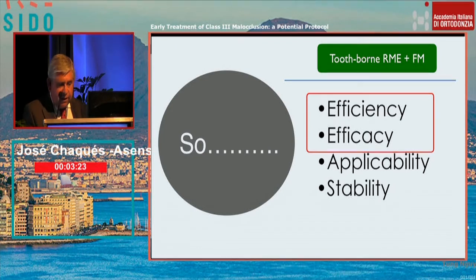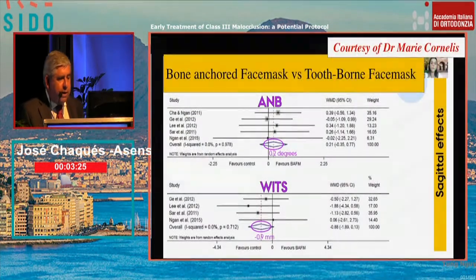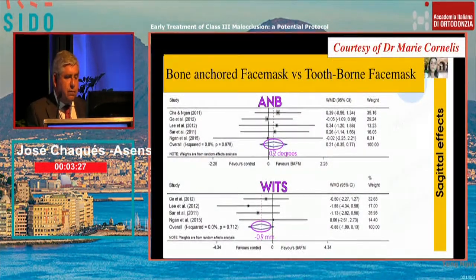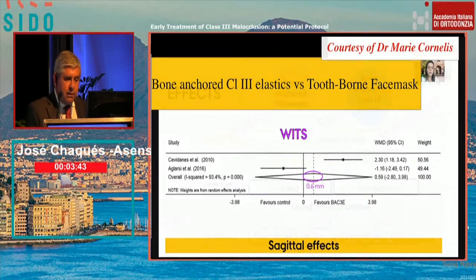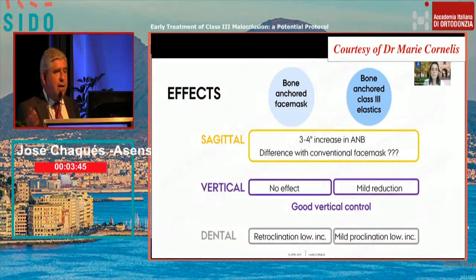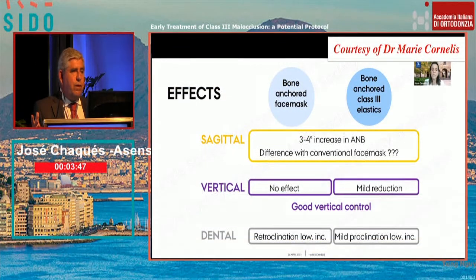efficiency and efficacy, back to Marie, comparison, 0.2 degrees in A and B, 0.9 degrees in the width analysis. Now if we go to class 3 elastics, bone anchored, 0.6 millimeters in the width analysis. So in terms of the surgical effect, what's the difference with conventional face mask?